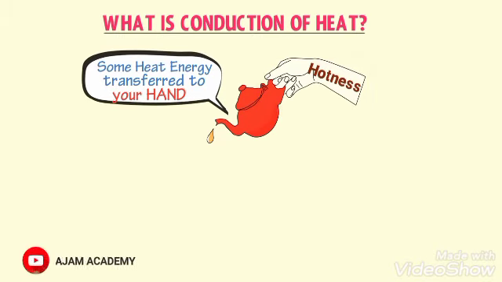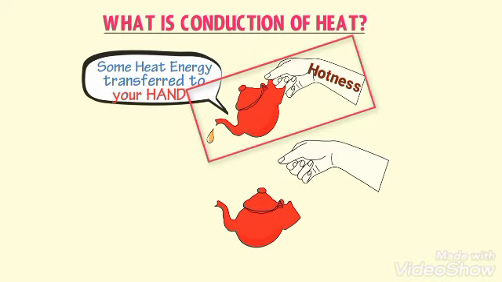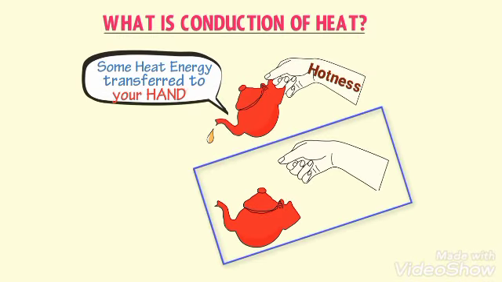Now let's consider another case. If you keep your hand away from this hot object, do you feel the hotness of this hot object? The answer is no, because in the first case, your hand touched this hot object. There is contact between your hand and this object, while in this case, your hand is away from this hot object.